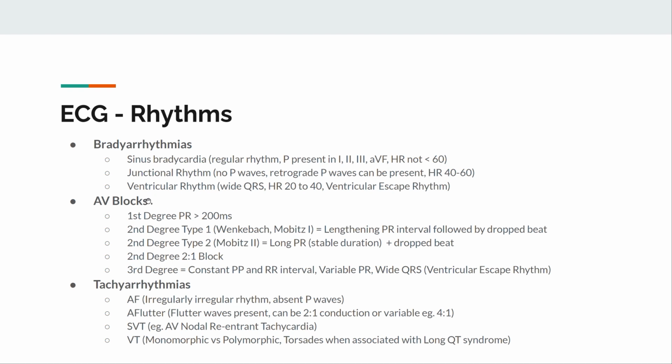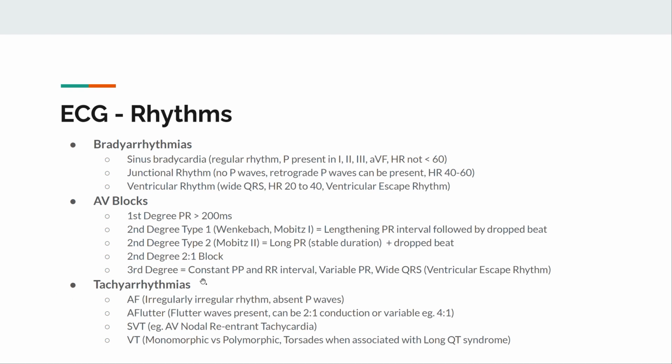Or you could have a rhythm coming from the ventricle, where it would be a wide QRS because it's being poorly conducted through the actual ventricle. It'd be a very slow rhythm of 20 to 40, and it's also known as a ventricular escape rhythm. You've got first, second, and third degree heart block, which we'll talk about in a second.